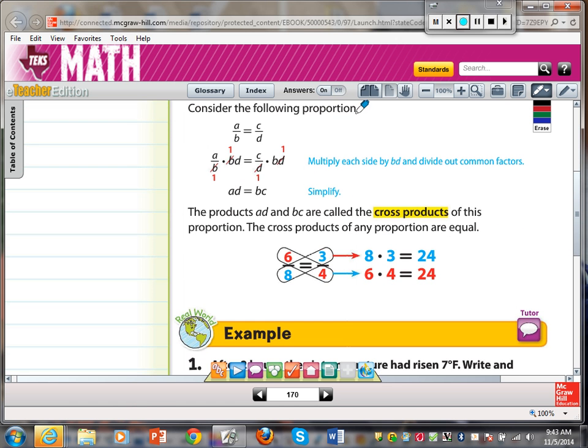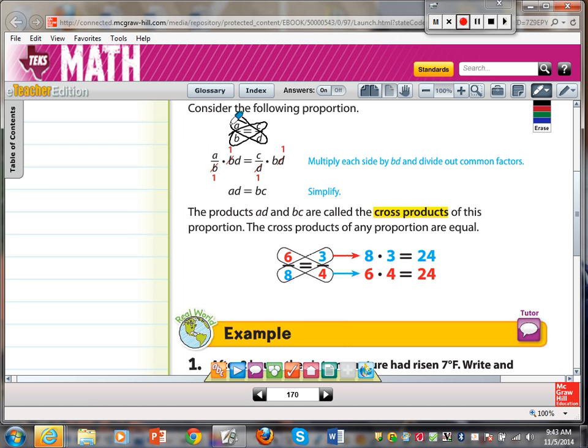Consider the following proportion. Okay, so we have some fraction equal to another fraction. If you multiply this times AD, which is right here, and you multiply BC, then those two things should equal each other.